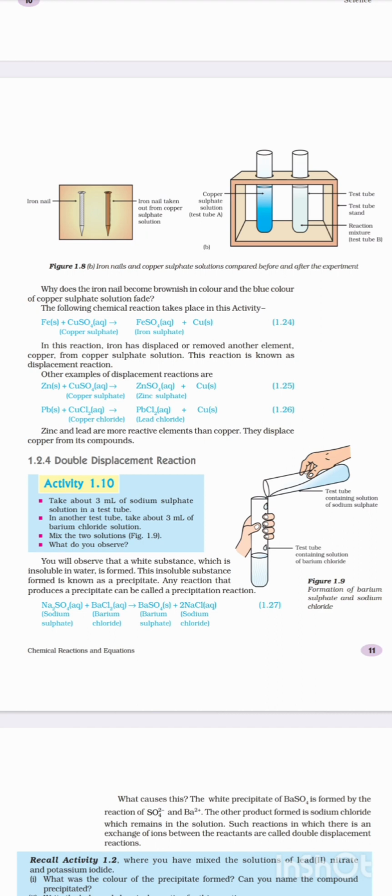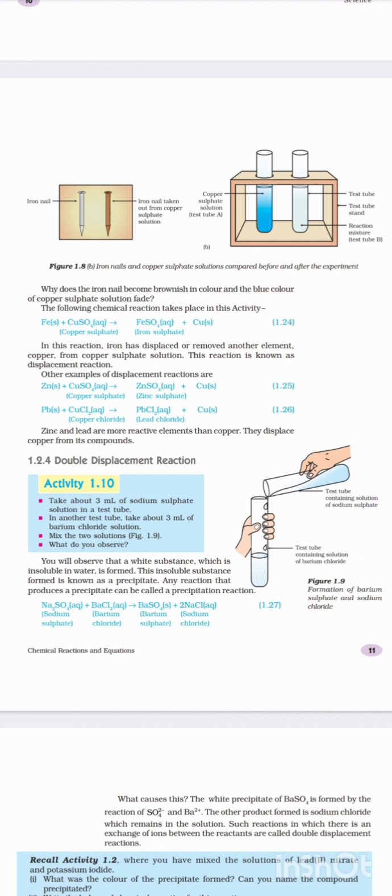Iron in copper chloride gives lead chloride and copper. So this shows that zinc, iron, lead are more reactive than copper, and because of this reactivity difference, this displacement reaction takes place.